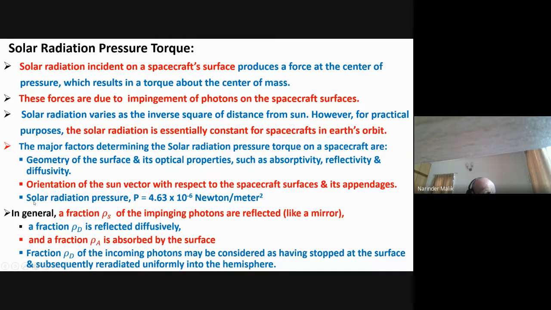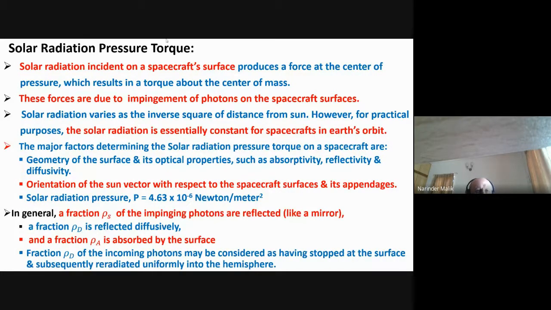It is a very small number, 4.63 into 10 to power minus 6 Newton per meter square. This number is very small, but its cumulative effect over time is a matter of concern, because it results in a momentum buildup. We will discuss that later.